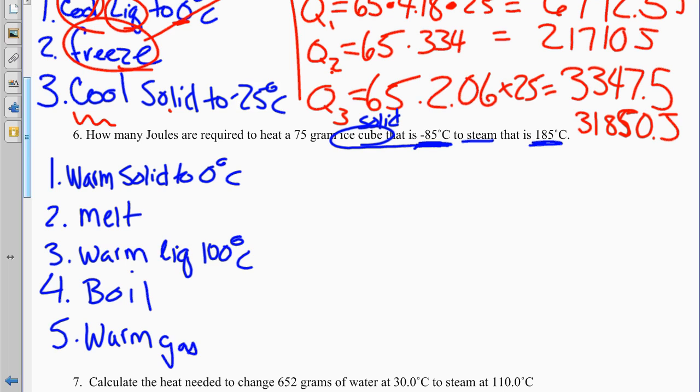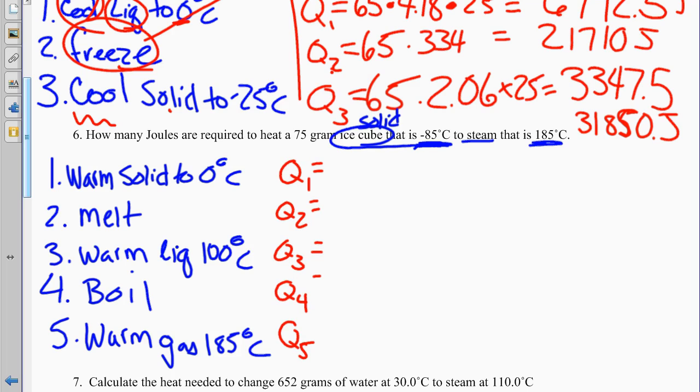Warm my gas to a final number of 185 degrees Celsius. All right, so that means we're going to have 5 Qs. Q1, Q2, Q3, Q4, and Q5. So I'd like you to pause the program here and see if you can figure out our Qs, and then continue going here once you get that started.